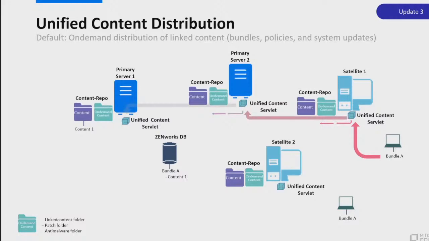If it doesn't, it goes to another upstream content server, in this case, primary server 1, and looks for it. It does have it. It serves it back down to primary server 2. It basically serves it back down the chain until satellite 1 has it, and then bundle A can be installed on the managed device.